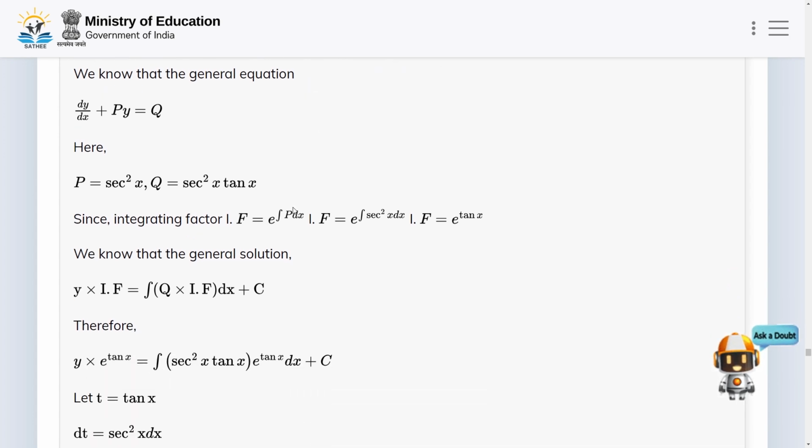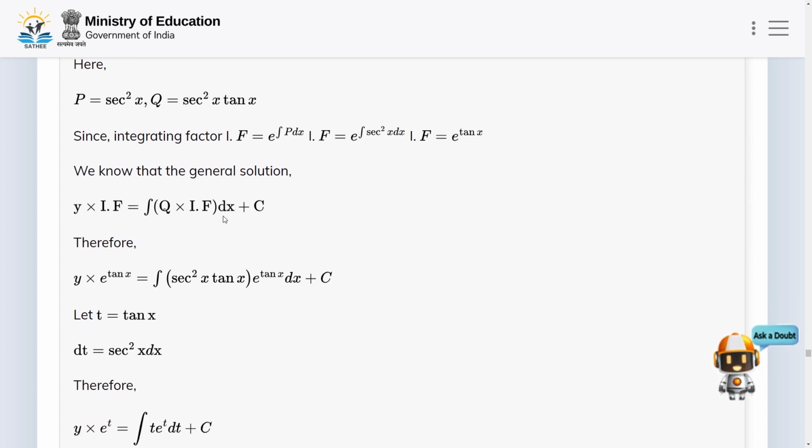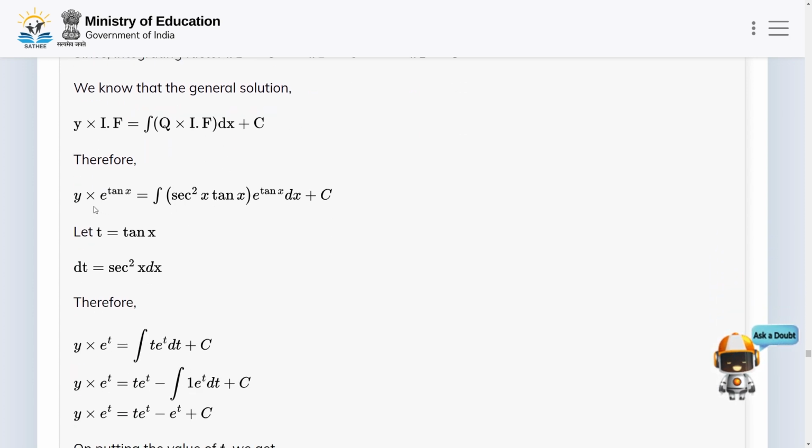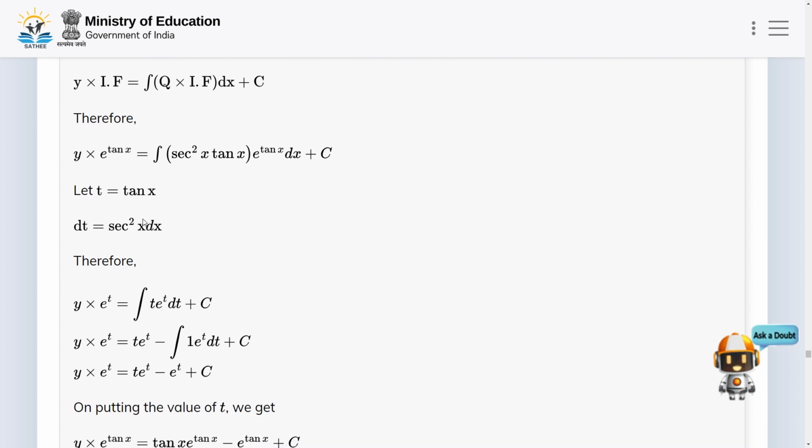Now integrating factor will be e power tan x. Now using this form, you will have y multiplied by e power tan x is equal to integration of sec square x tan x e power tan x dx plus some constant. Now take tan x as t. This means sec square x dx can be replaced by just dt.